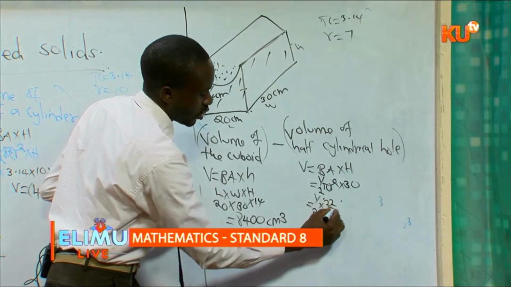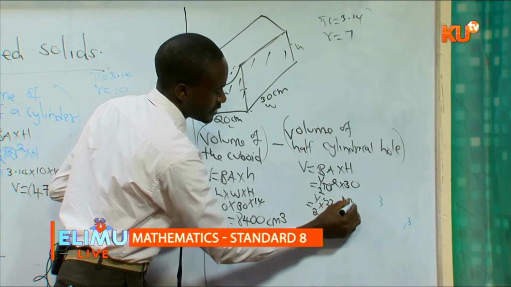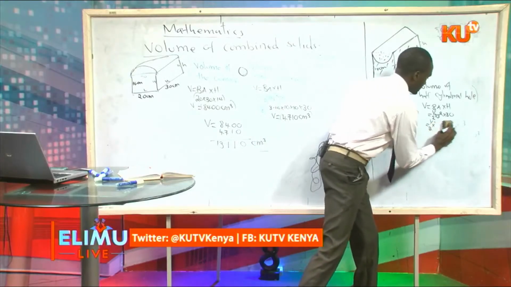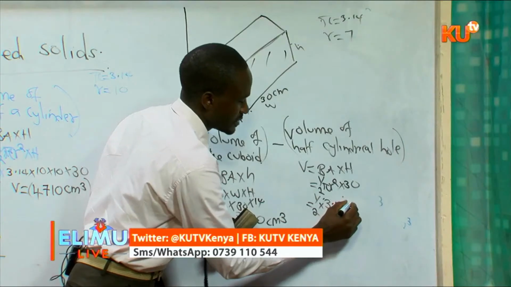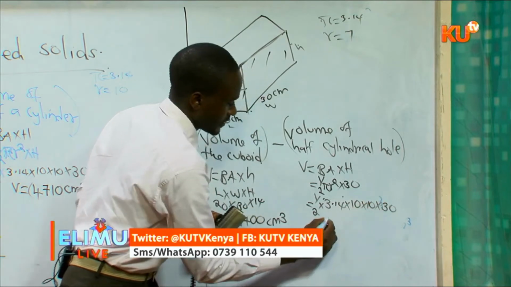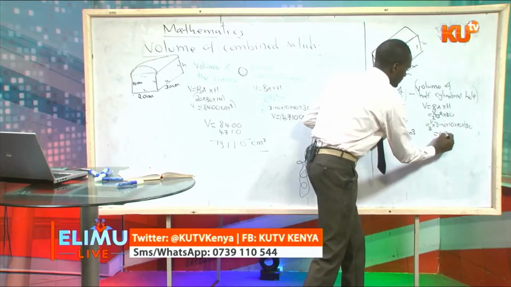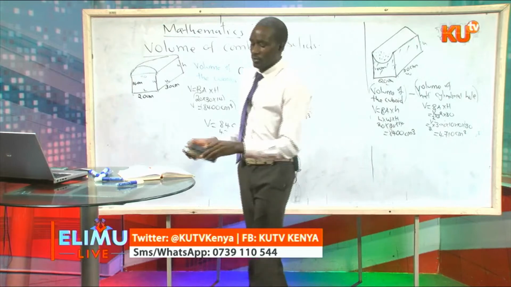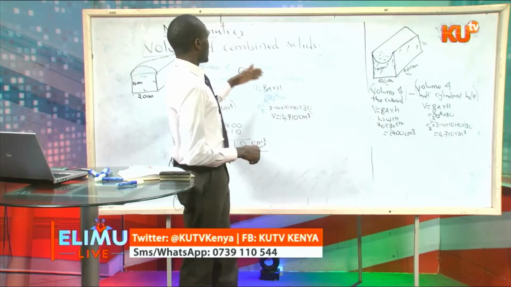Now times 22 over 7 times 7, times 10. Okay, let's say 3.14 times 10 times 10 times 30. That gives us the same figure, 4,710 cubic centimeter. Now, as a learner, you have to be accurate and fast.